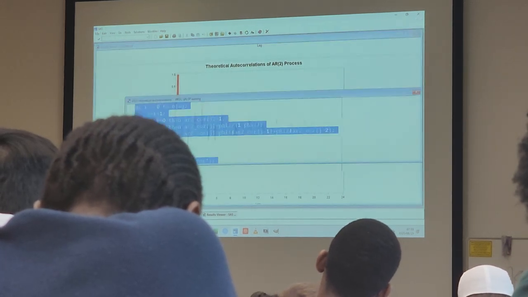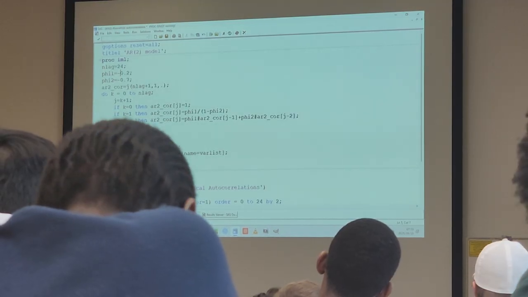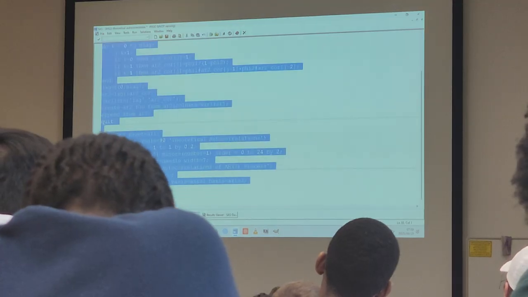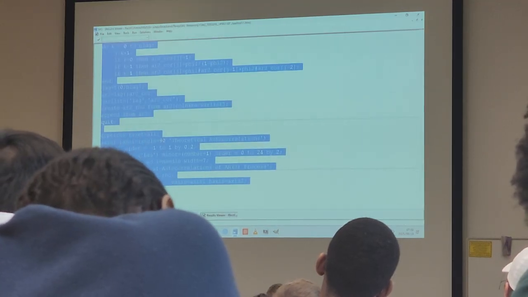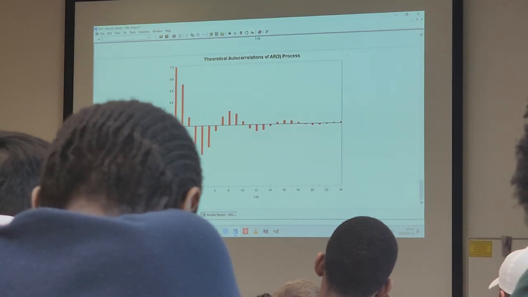And let me do maybe one or two more. Let's make this one 1.2. And run. And this starts to look rather strange and interesting.